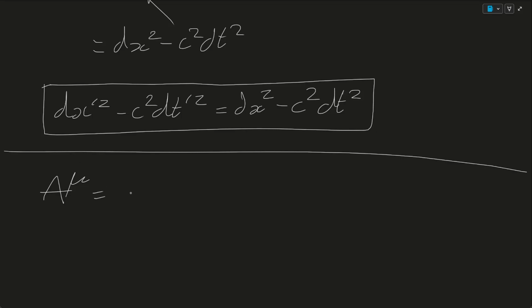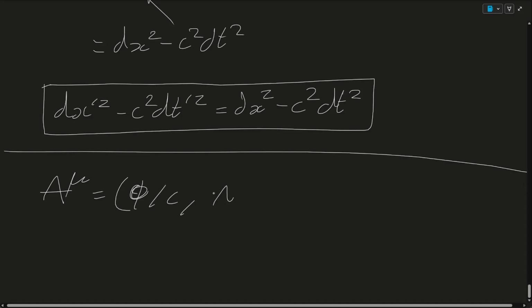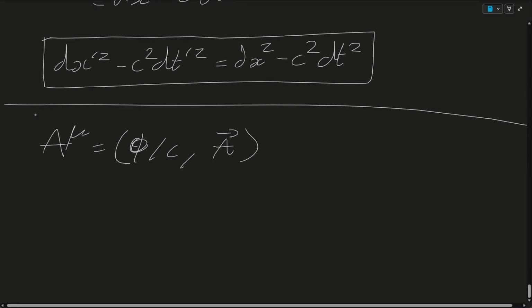A mu, which is phi over c, and then A, our four-potential, and then we have an electromagnetic field tensor, which is defined in terms of this four-potential.